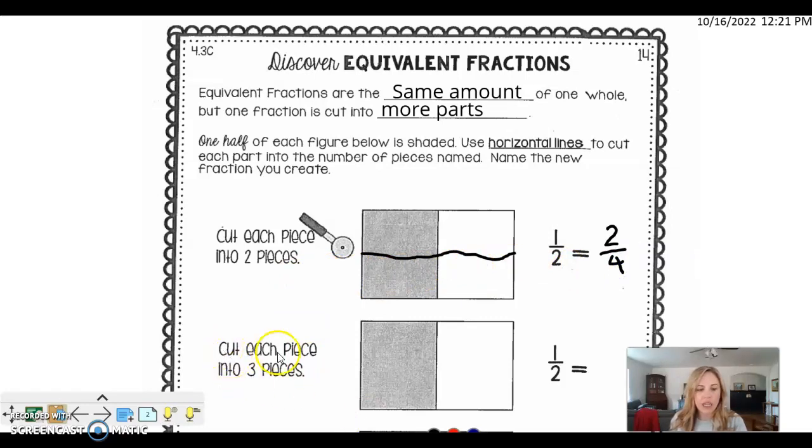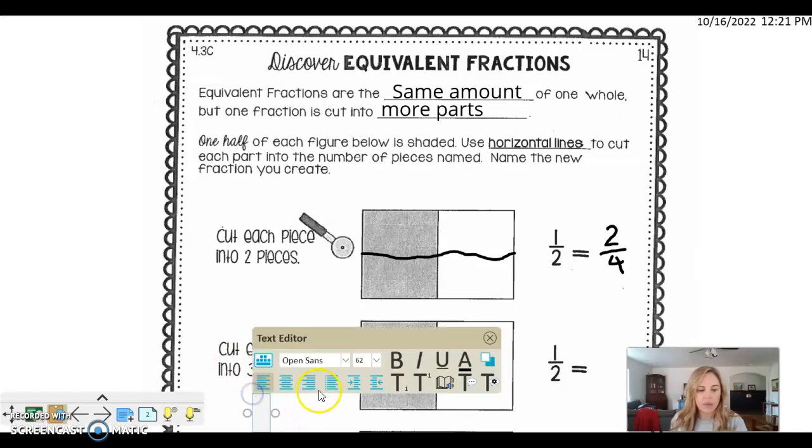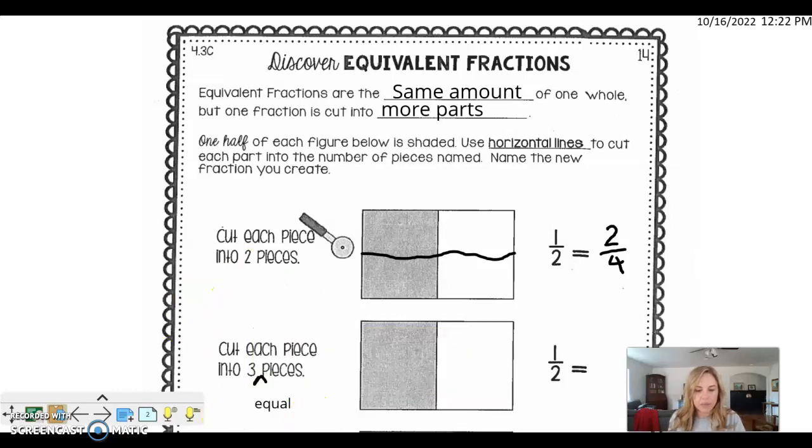Well, now we need to cut each piece into 3, and I think it would be good if we added this in. Equal pieces. That's the key here. We want to cut our pieces into equal pieces. 3 equal pieces.